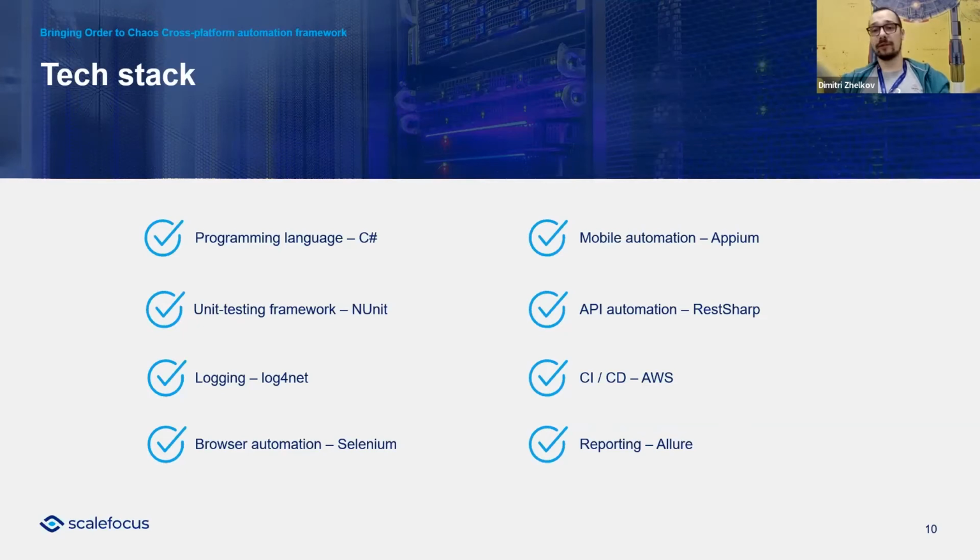For logging, we have Log4net. Now for browser automation, we went with Selenium, the most common one. We won't go to Selenium 4 now, so not much to speak of there.